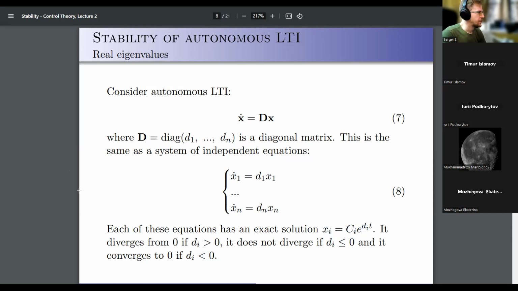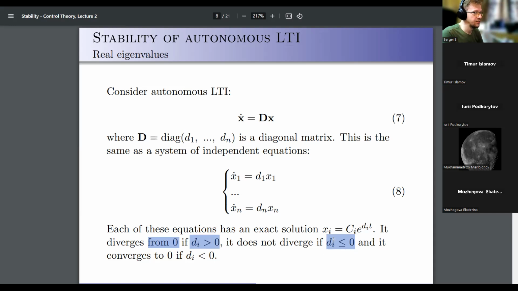Now we remember we already saw it once. What we remember about this exponent is that it diverges from 0 if d is positive, but it does not diverge if d is not positive. As long as d is not positive, it is not going to diverge.